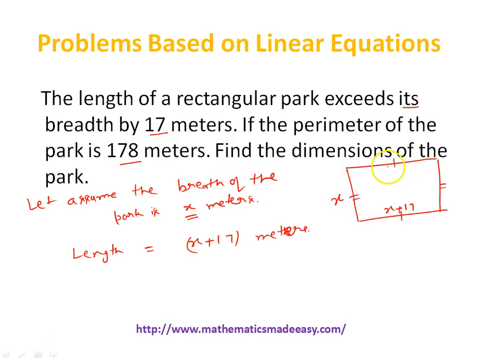So what is the perimeter of a rectangular object? Length would be counted twice and breadth would be counted twice, right? So perimeter is how much? 2 times length plus breadth equals the perimeter.